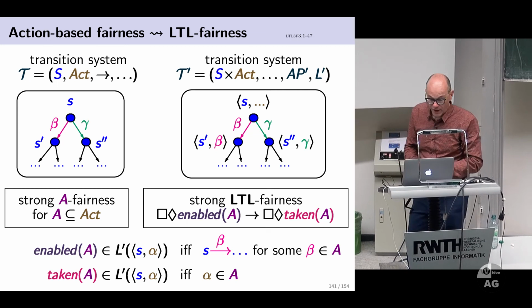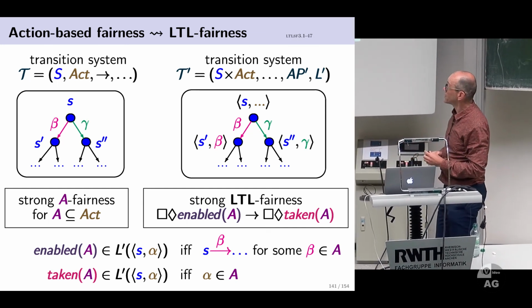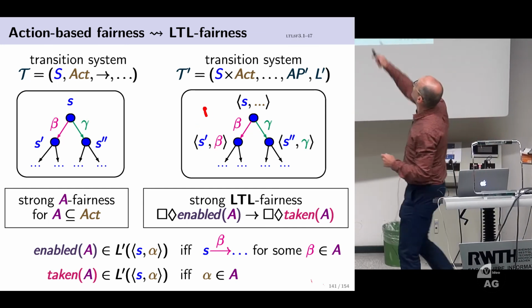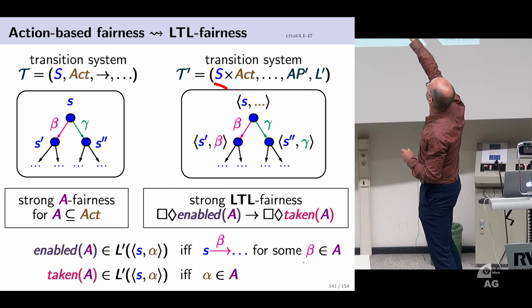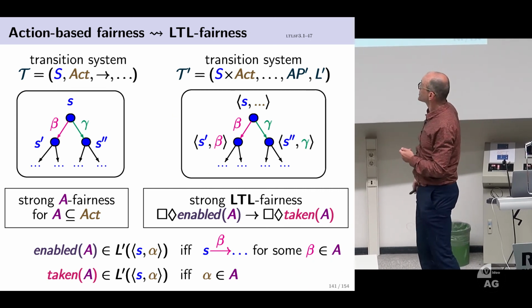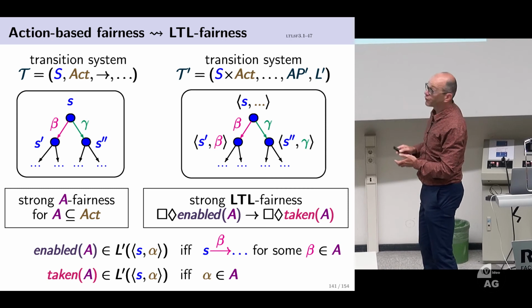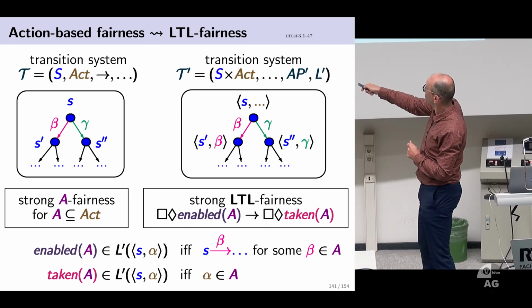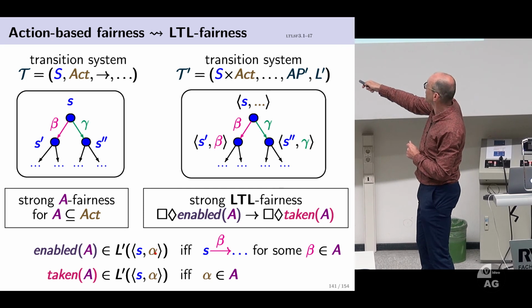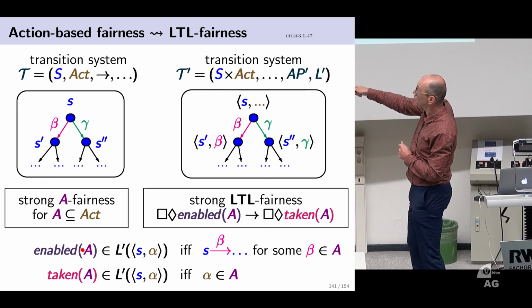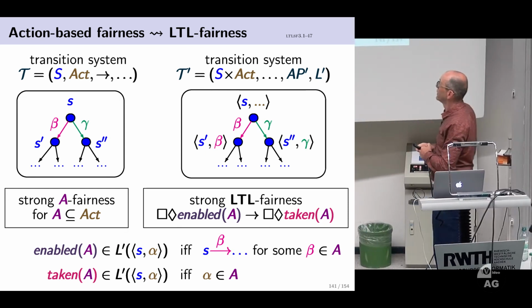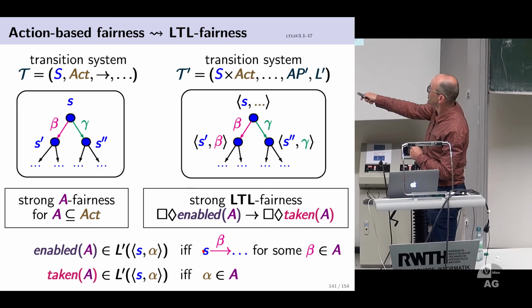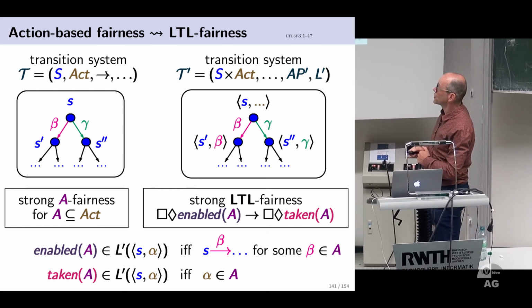Good. How do we define now officially, formally this enabled A? So we're going to look at structures of this form. So all the states are pairs of the form S alpha. So this means I am in state S and I have just taken action alpha to enter state S. And that means that we're going to say that this state is going to be labeled with the atomic proposition enabled A, if and only if, starting from S we have a beta transition.